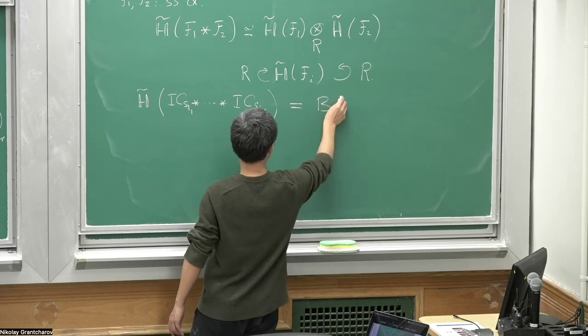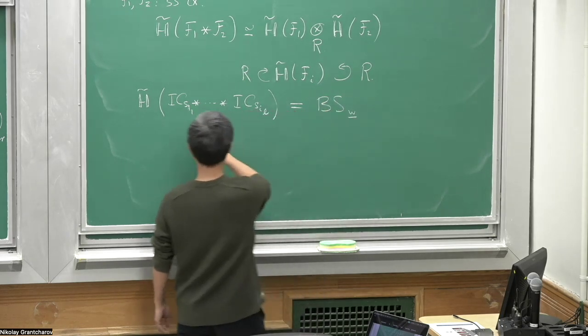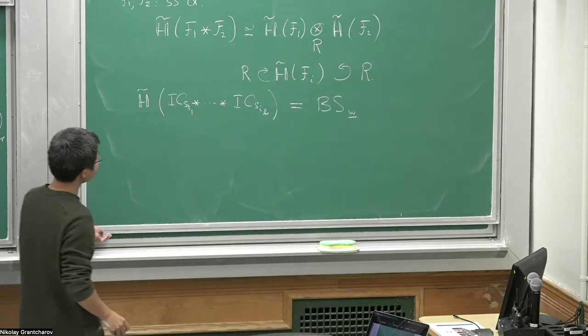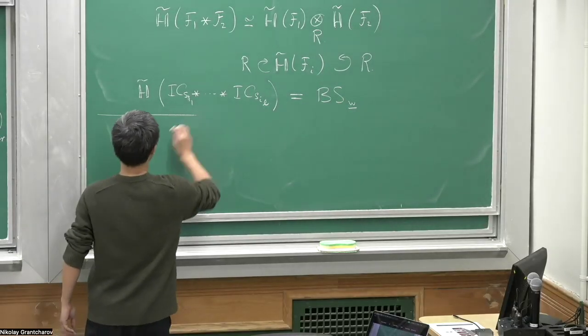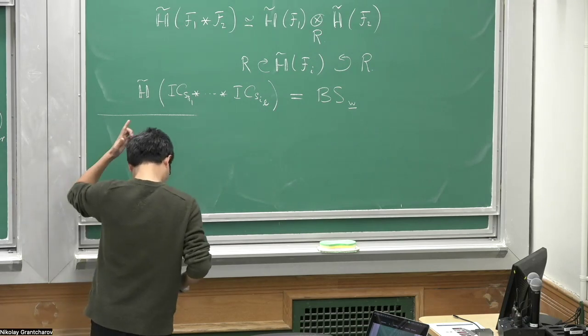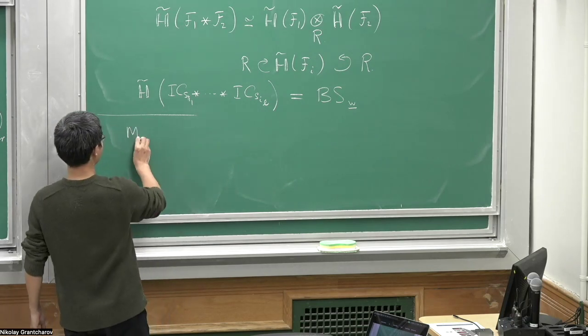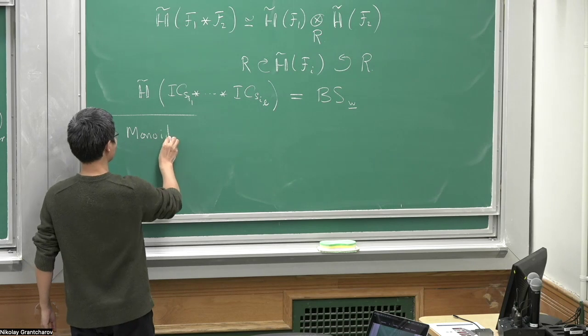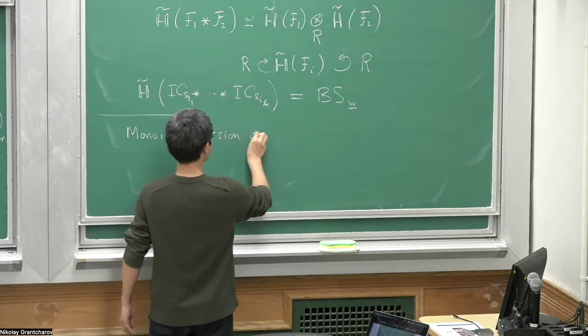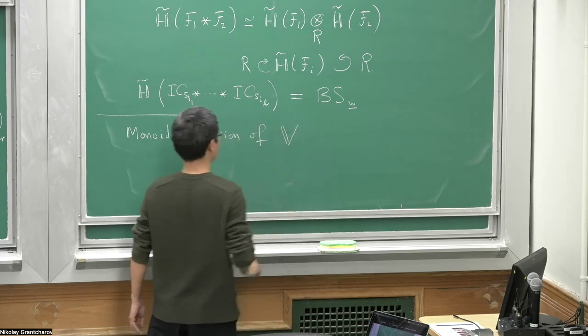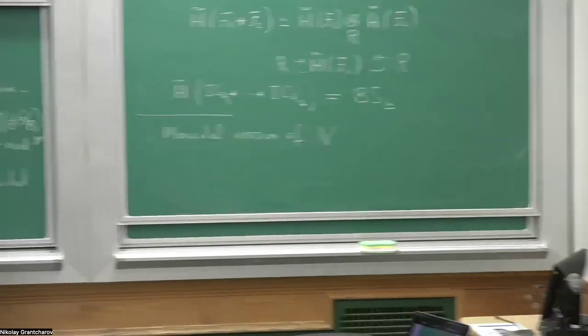So it's natural to ask for a monoidal version of the second Soergel functor.